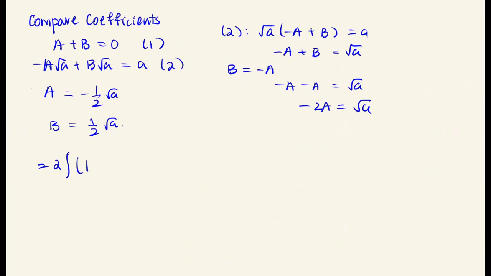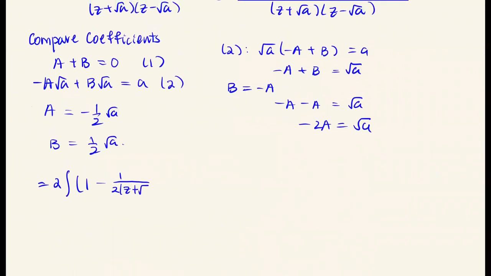A was going to be minus 1/2, times root a divided by z plus root a, and plus root a divided by 2 times z minus root a, dz.